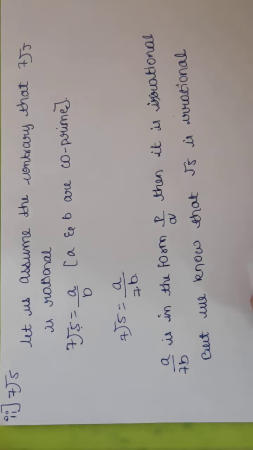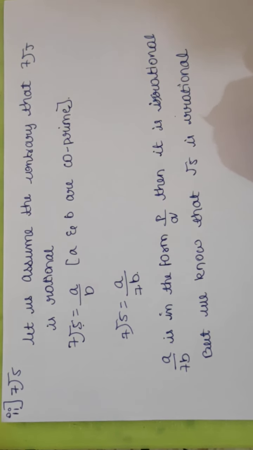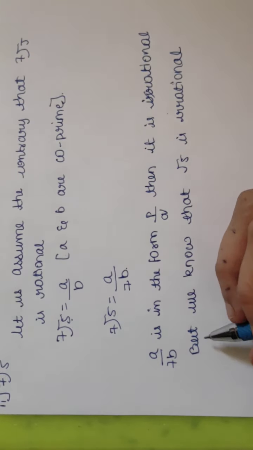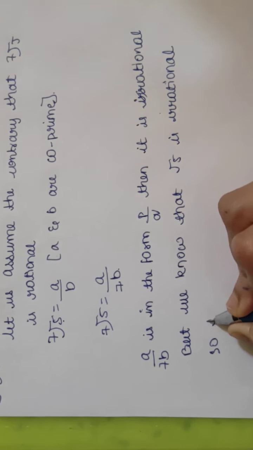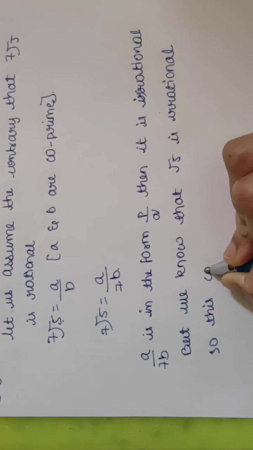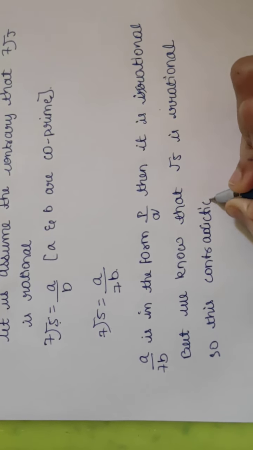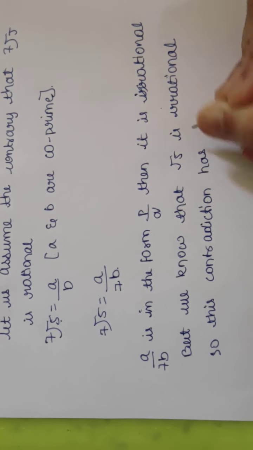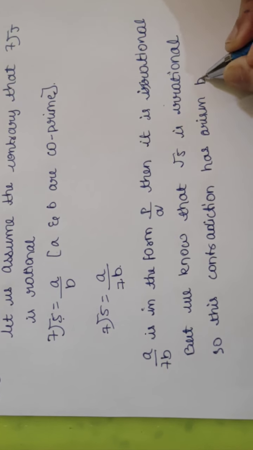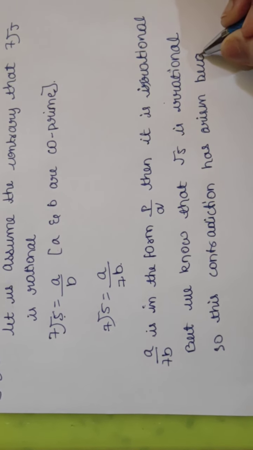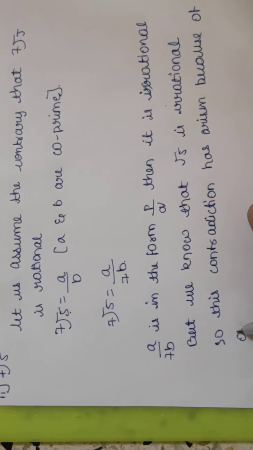In our previous videos also we have seen that root 5 is irrational. So we can conclude here that this contradiction has arisen because of our incorrect assumption.